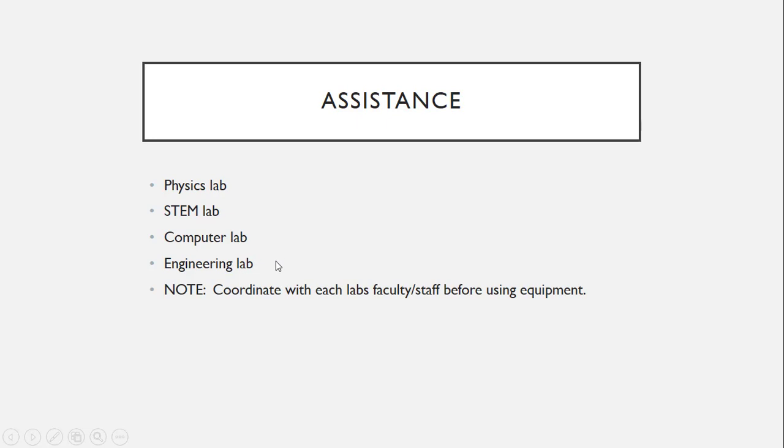Engineering lab, they have a lot of resources there for your use. And be sure, if you're going to go to any of those, coordinate with each lab's faculty or staff before using any equipment. Okay, that is my disclaimer there. I'm going to advocate that you go to these, but I am going to say as a disclaimer, you must contact their faculty and staff before using the equipment. Probably even contact them before going to find out what times they're open.